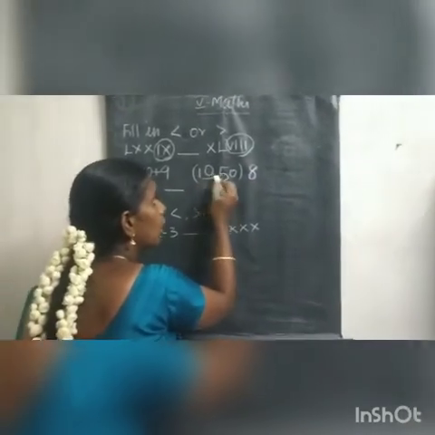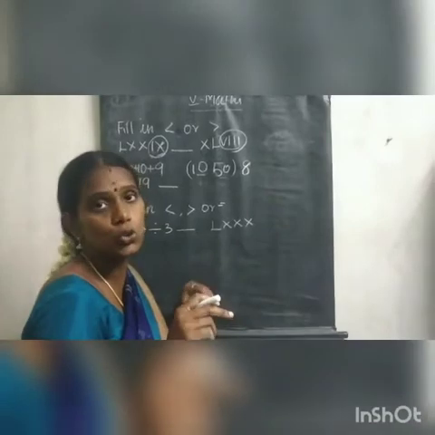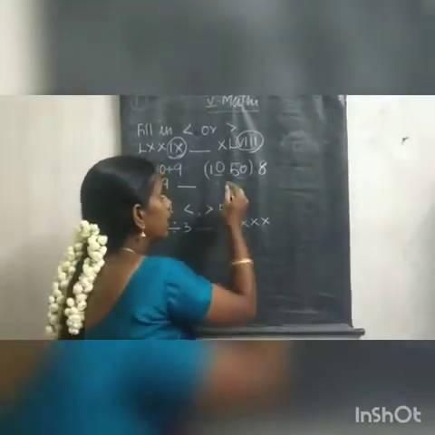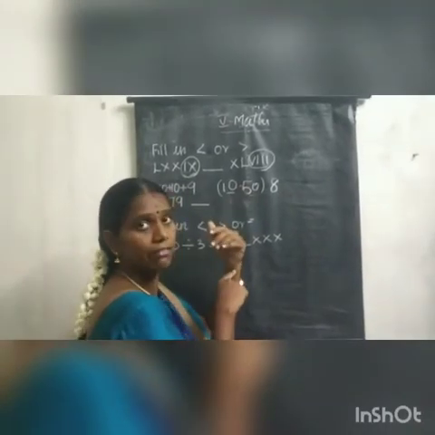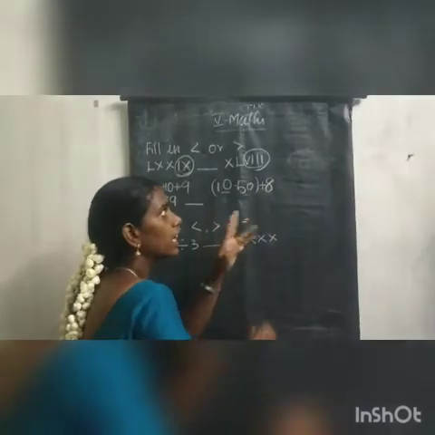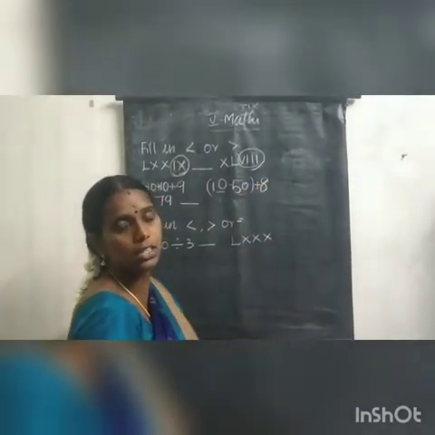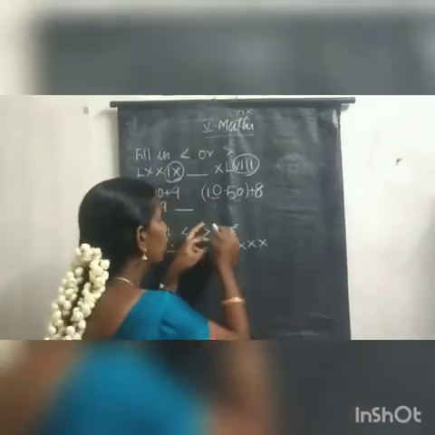See, the first one is small, the next one is big, means we want to subtract. 50 minus 10 will be 40. Then with that 40 we want to add this single digit. So 40 plus 8 will be 48.